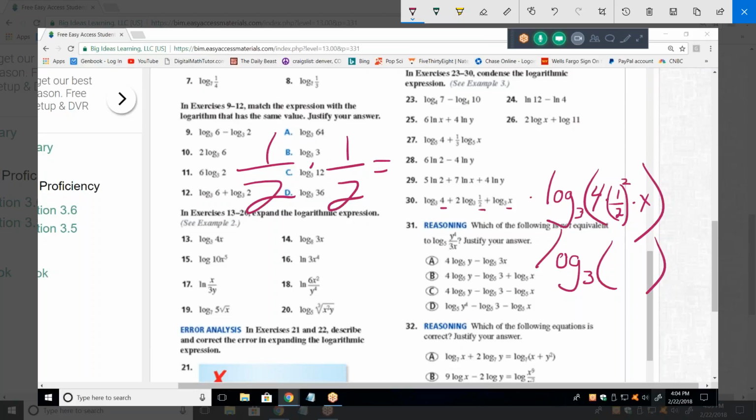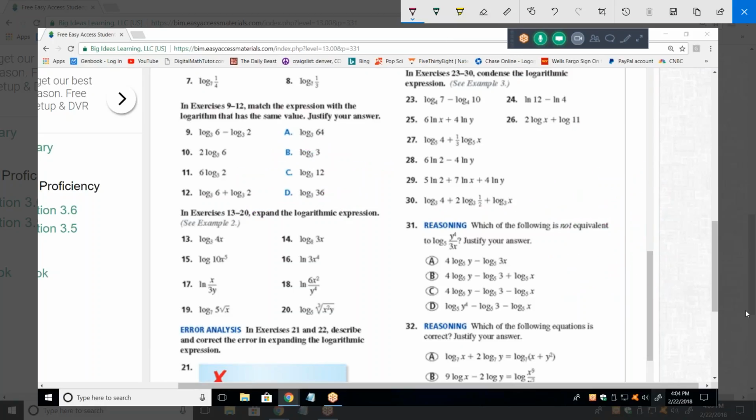Yeah. In other words, what you do is you multiply numerators, you multiply denominators. You're not adding. You're multiplying. So it's 1/4 times 4, which is 1, times x, which is just x. There's the answer. All right, what else?